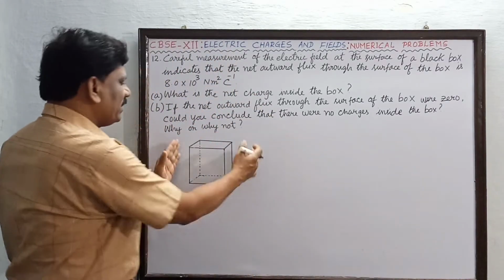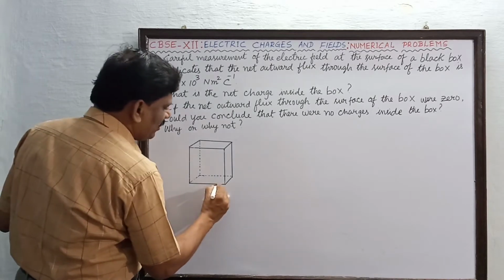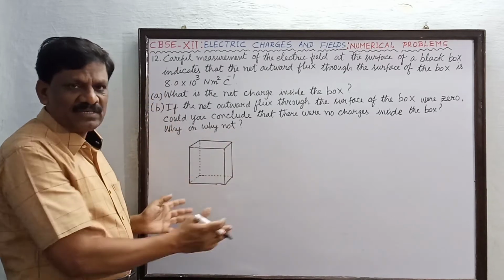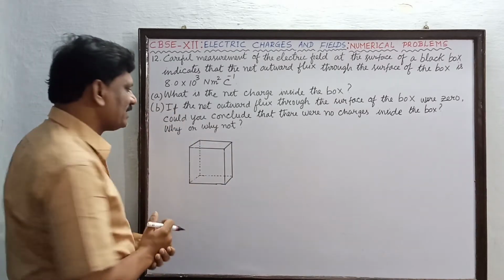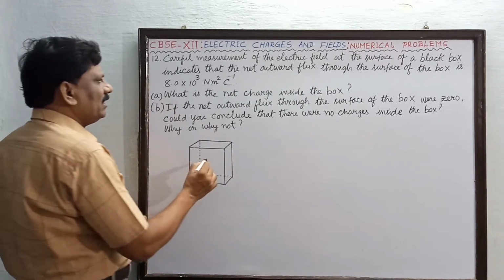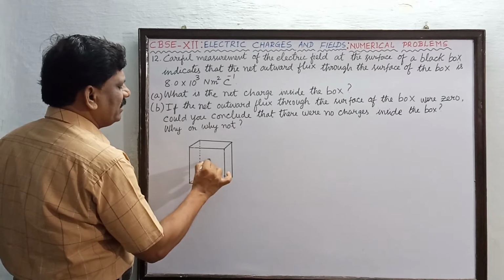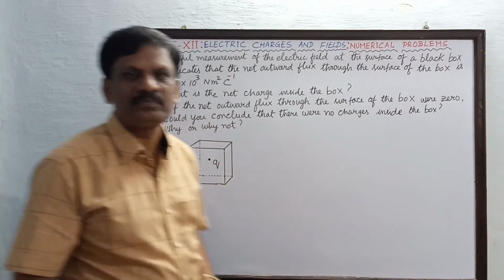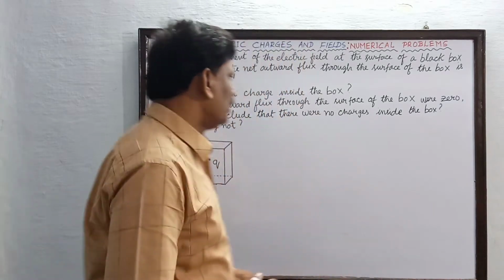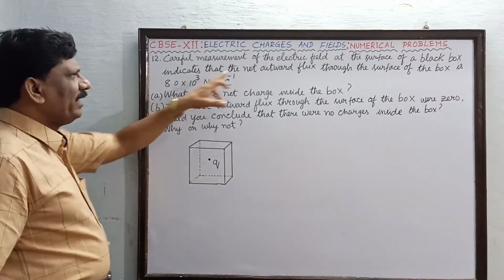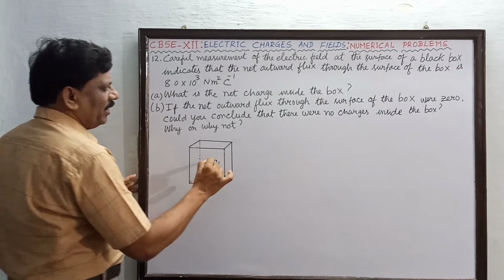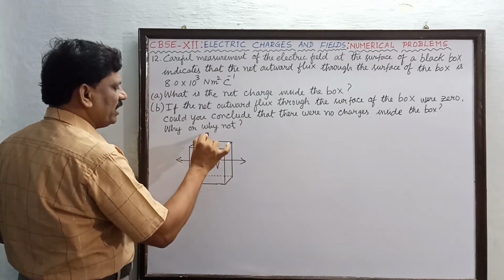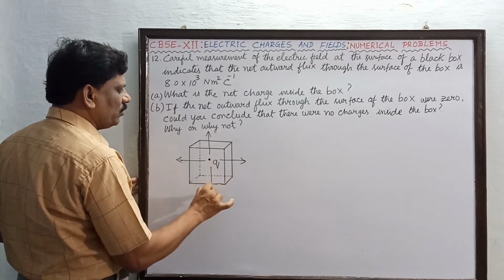So you can assume that this is a black box. It is a hollow box which is closed on all the surfaces, and some charge, say Q coulomb, is inside this box. The electric field due to this charge is pointed outwards.